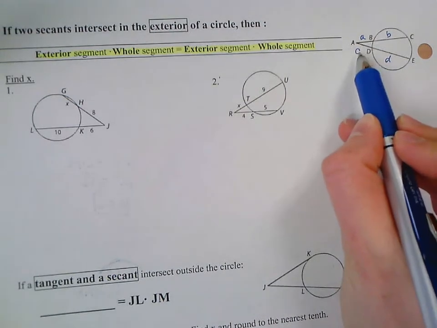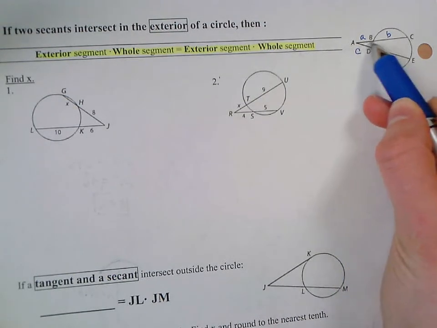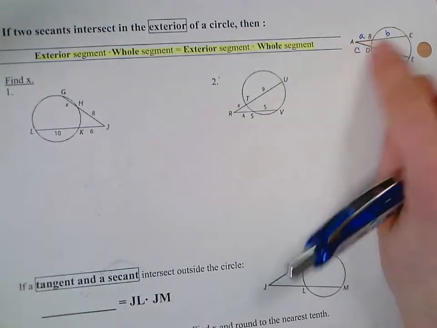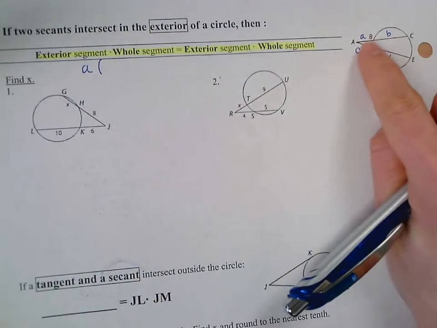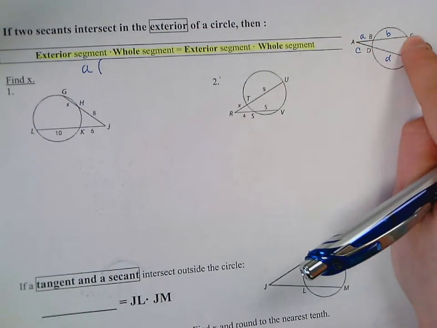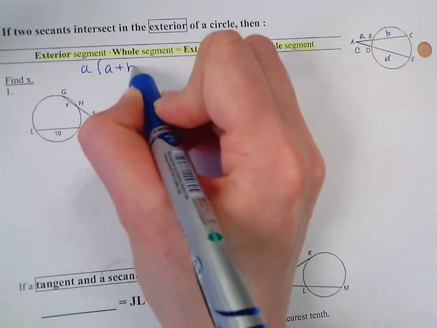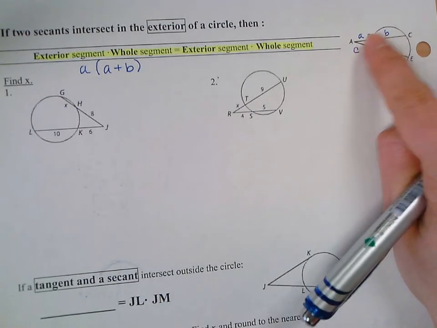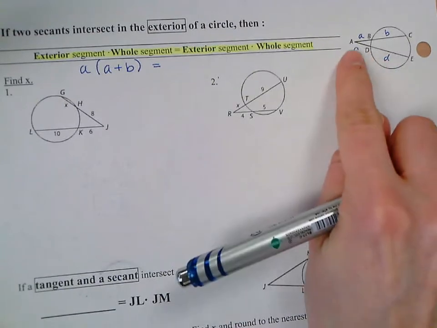So what this is saying is for that first secant, A and C, those are the exterior segments. Those are the parts of the secants that are outside of the circle. So the exterior segment for AC would be little a, and then that would get multiplied by the whole segment, which would be A and B added together. So it's a times a plus b. And that's equal to, for the other one, the same thing.